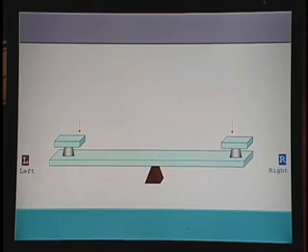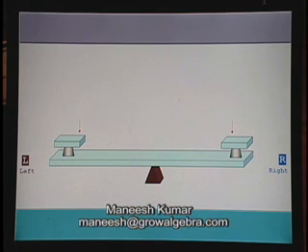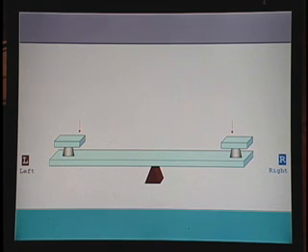You can see in this picture that none of the sides is tilted, neither left side nor right side. So in this situation we are calling our seesaw balanced. So we call our algebraic equation balanced or solved, and we'll be talking more with examples in our coming slides.